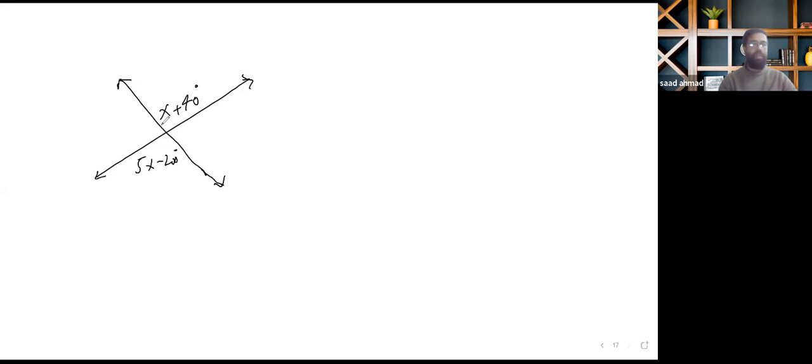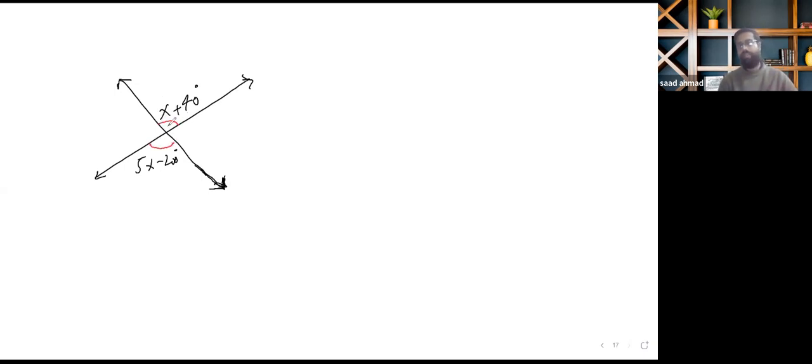Can anyone tell me which angles these are? Can tell in chat or just say the name.